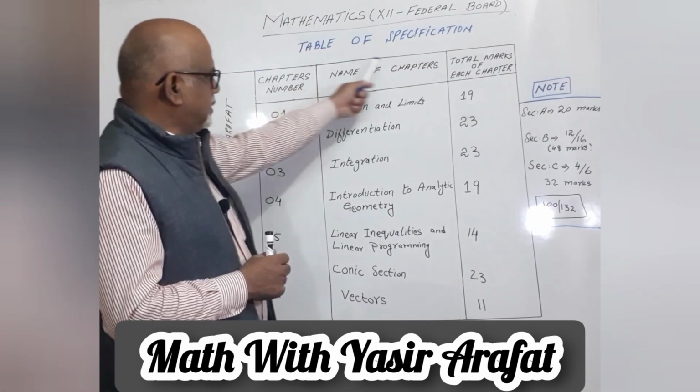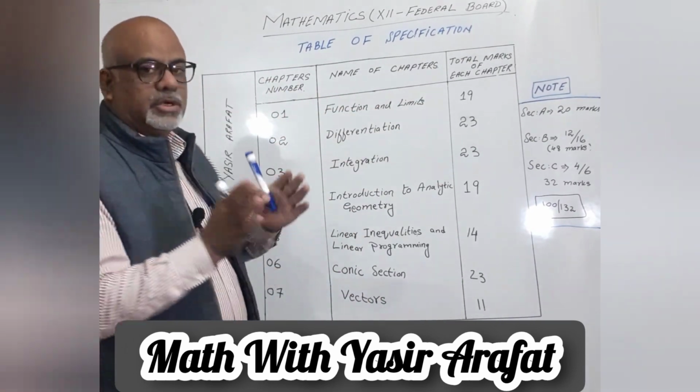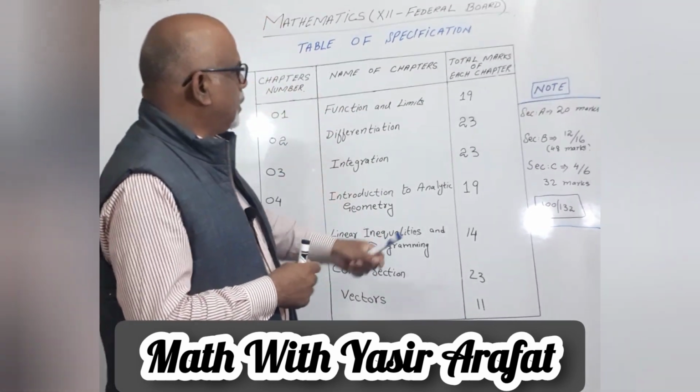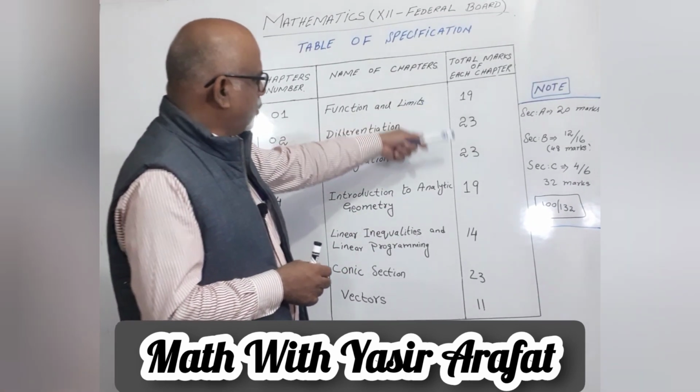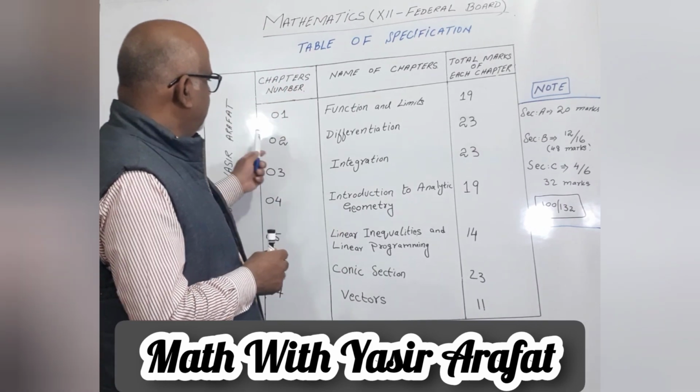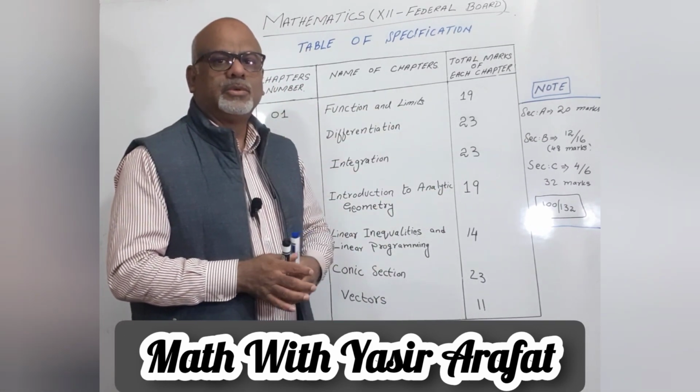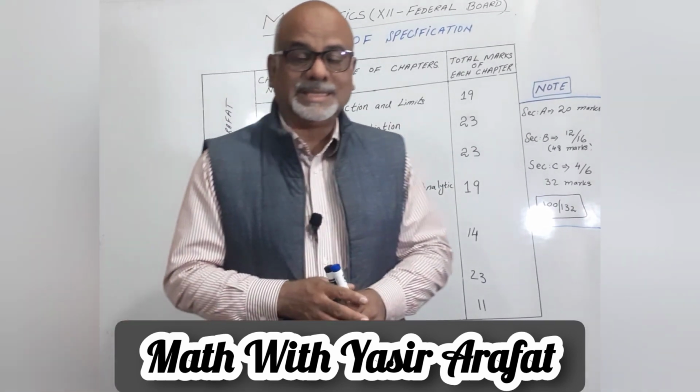This chart will help you in your board examination, to know how much concentration you have to give chapter wise. It will be very convenient for your preparation for the board exams.